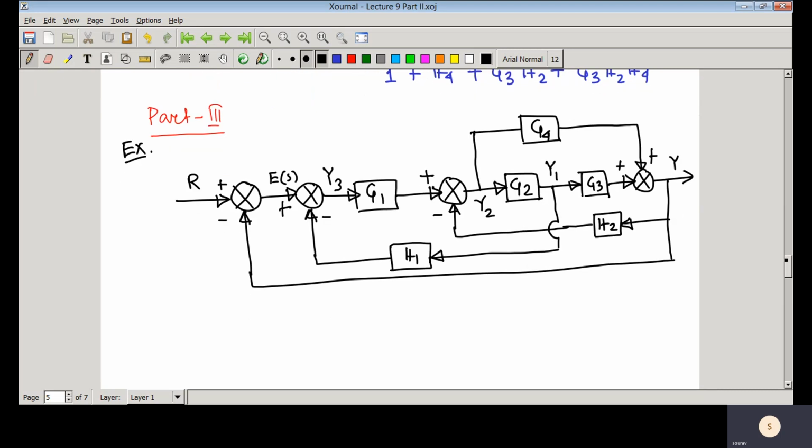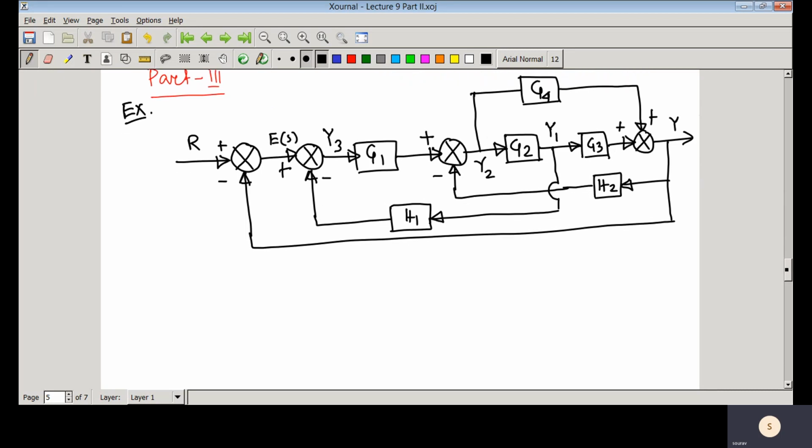Now our objective is to draw or present this closed loop control system using a signal flow graph. That means whenever a block diagram is given to you, how can you draw the signal flow graph? You know that in a signal flow graph all variables are represented by nodes.